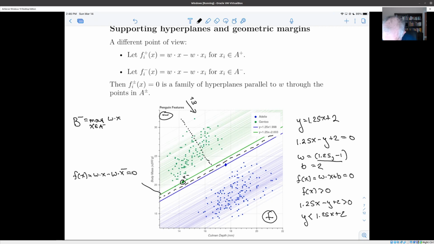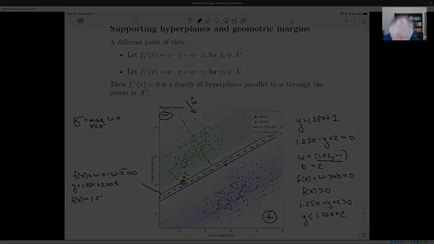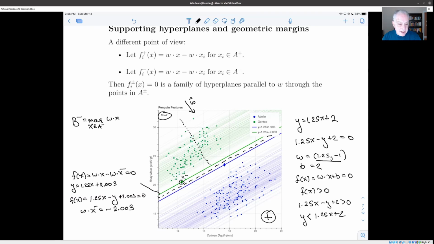That line, the green line there, is y equals 1.25x plus 2.003, but you have to put that in vector form. So that's f of x equals 1.25x minus y plus 2.003 equals 0. In other words, w dot x minus has to be minus 2.003. That's the maximum value. W dot x minus is minus 2.003.